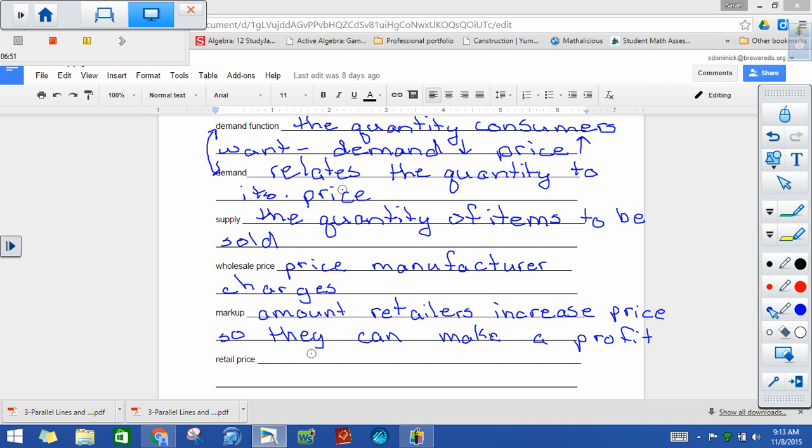Your retail price is the price that the retailer sells the product for. It's what you and I would go to the store and buy it for.